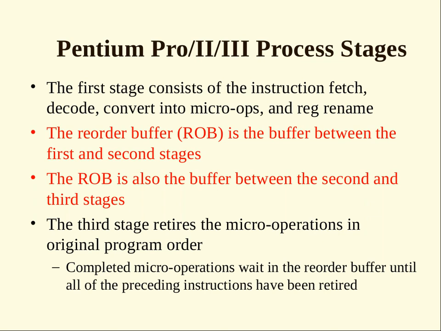The third stage requires the micro operations in the original program order, so completed micro ops wait in the reorder buffer until all the preceding instructions have been retired. So you send it out in the wild of the out of order processor, and then when it's done, you have a reorder buffer to make sure that things are committed correctly.